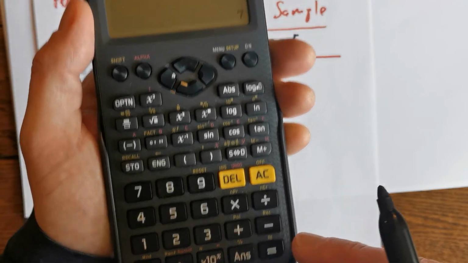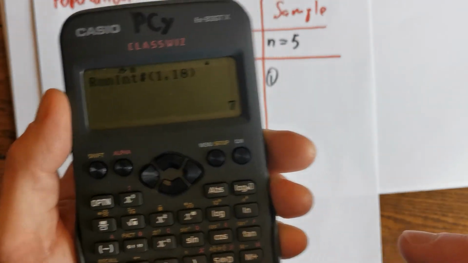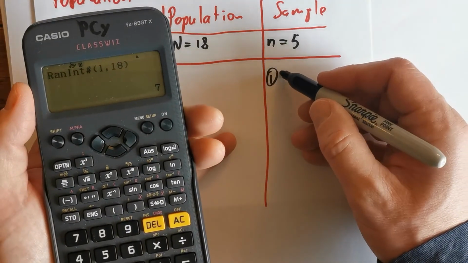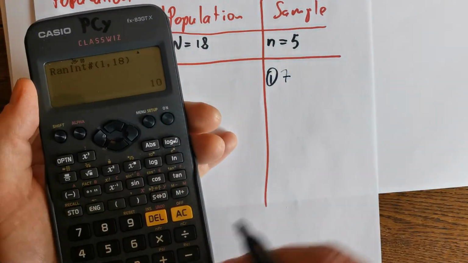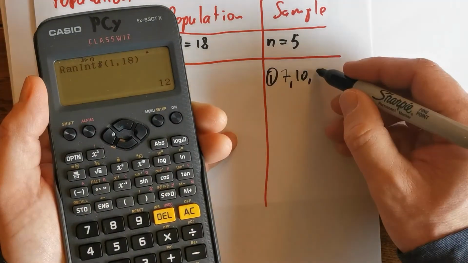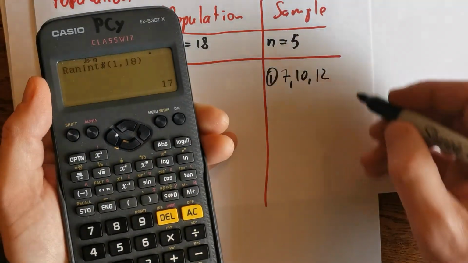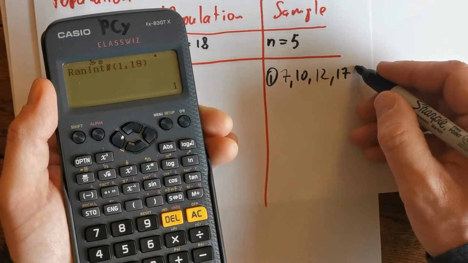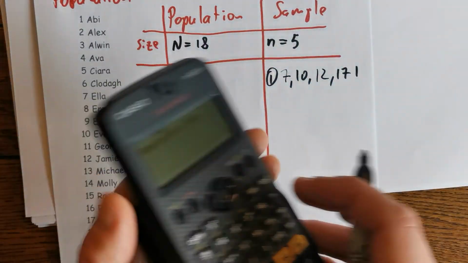So hit the equals key, and there's the number 7. I'm going to take 5 people. The first number I've generated is 7, then 10, then 12, then 17, and then 1. There's a sample of 5 people.